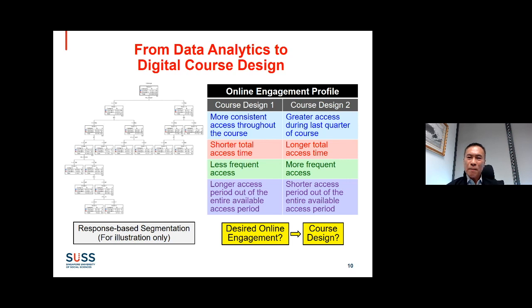In addition, if you look at the total online access time, course design 2 has an online engagement profile that's associated with, on average, longer total access time as compared to course design 1. And not only that, students in course design 1 make online access less frequently.